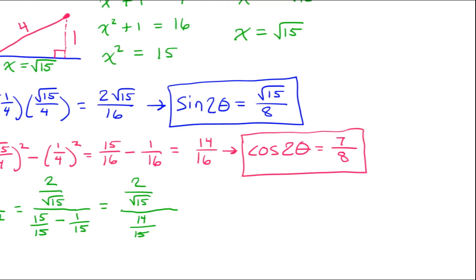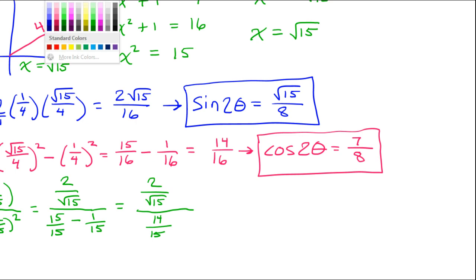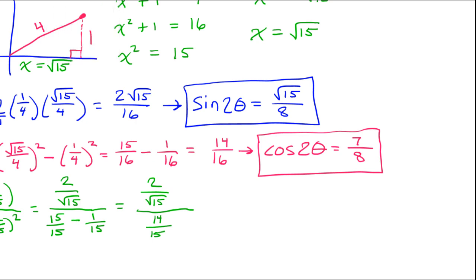So it is time to multiply by the reciprocal in order to make this happen. But I can tell already that the numbers will work out better if I rationalize the denominator. So I'm going to rationalize the denominator right now by multiplying the numerator and denominator by radical 15.